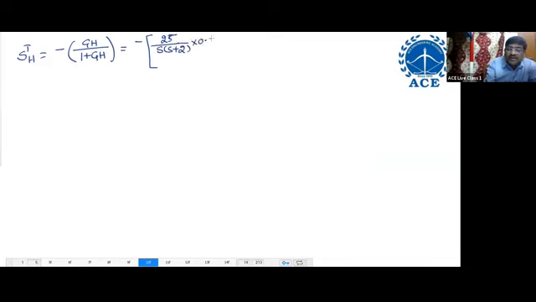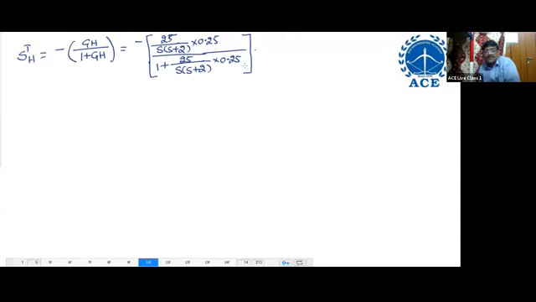H is 0.25. So minus of GH divided by 1 plus GH, which is 25 by S into S plus 2 into H, 0.25. Then solve this.